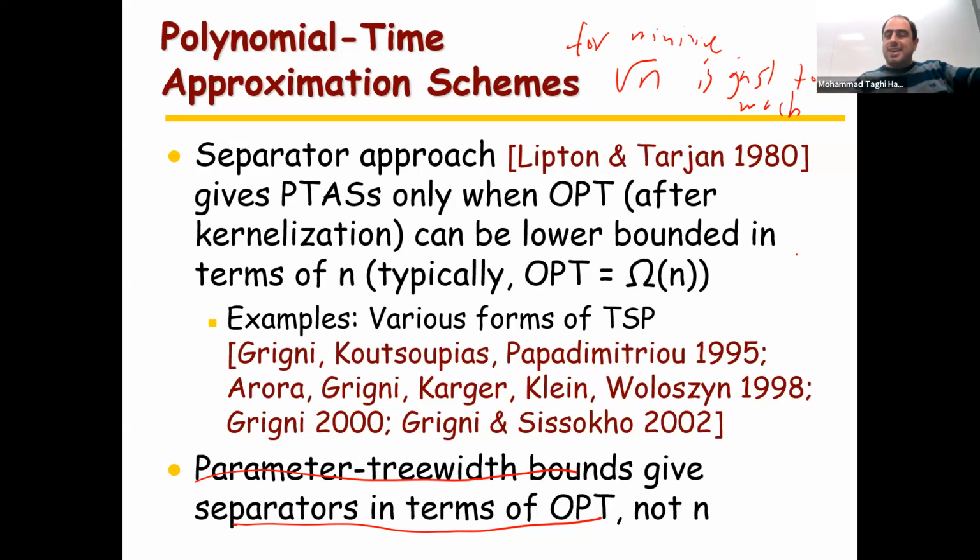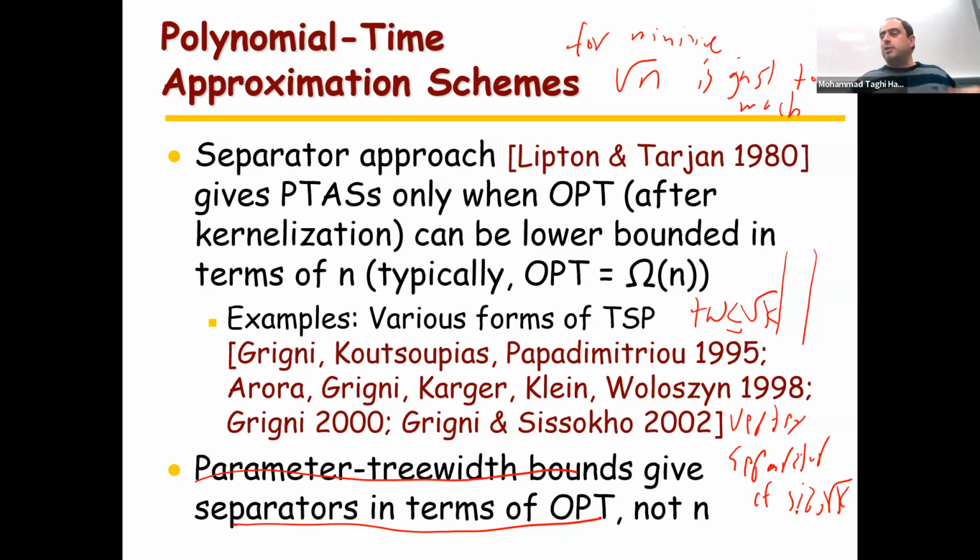So we know that the Treewidth of these graphs is at most square root of k. When the Treewidth is square root of k, as I mentioned, then you can say that there is a vertex separator of size square root of k.